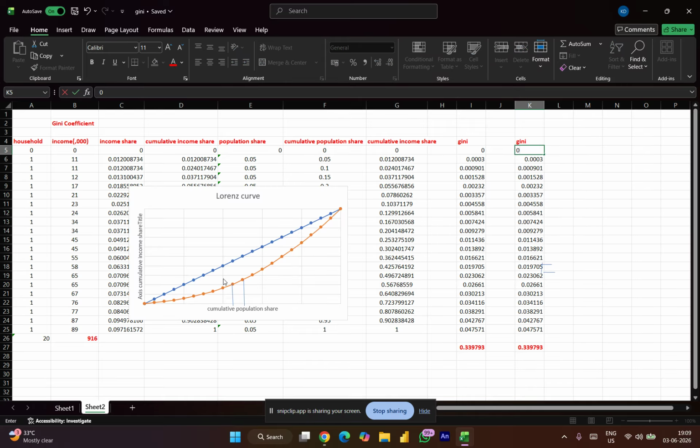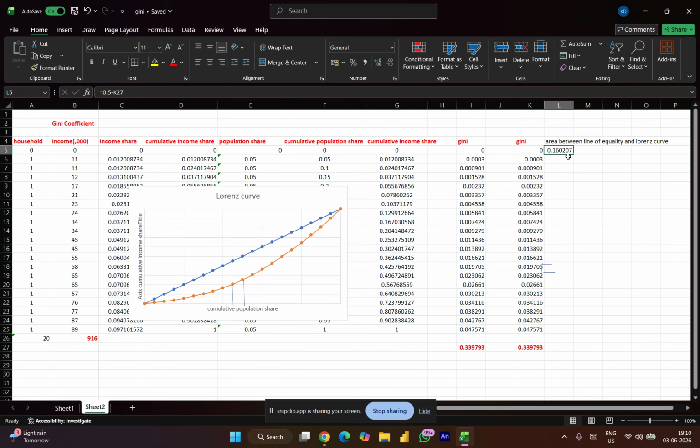Now, the area between the line of equality and the Lorenz curve equals 0.5 minus this one.